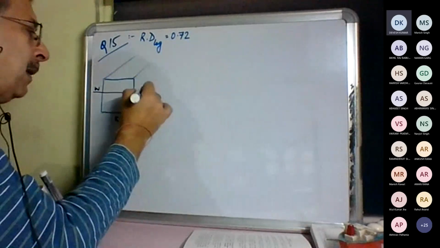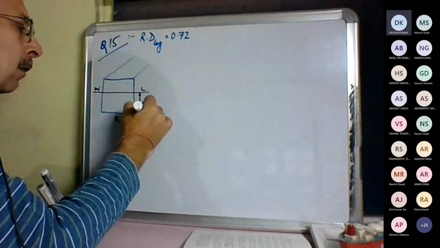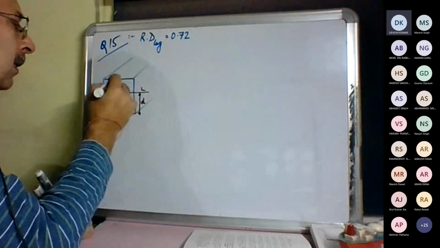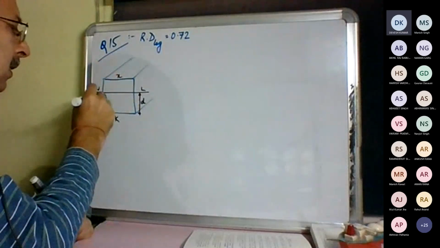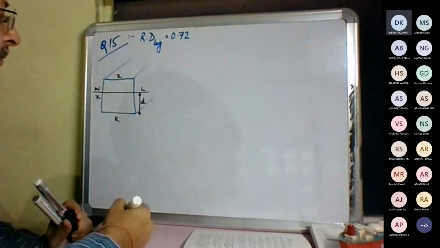So let the draft be delta. Let one side of the square be x. Then the other side of the square is also x.